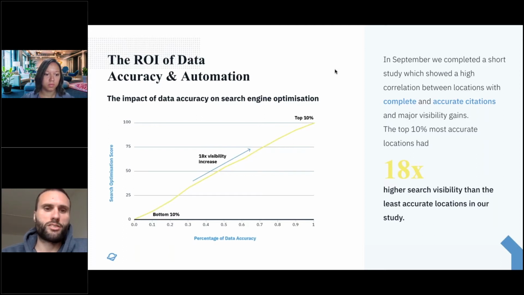We found there was an 18 times visibility increase. Yes, it's measuring extremes, but it does show that accuracy has an impact on visibility online. It is not only a ranking factor, but a trust factor among consumers when they're conducting online searches.